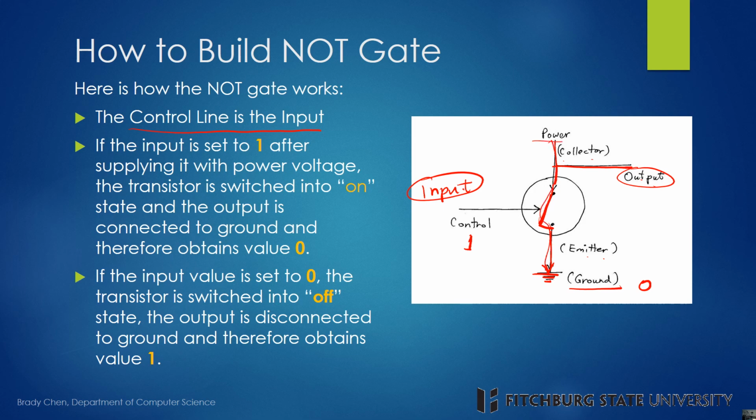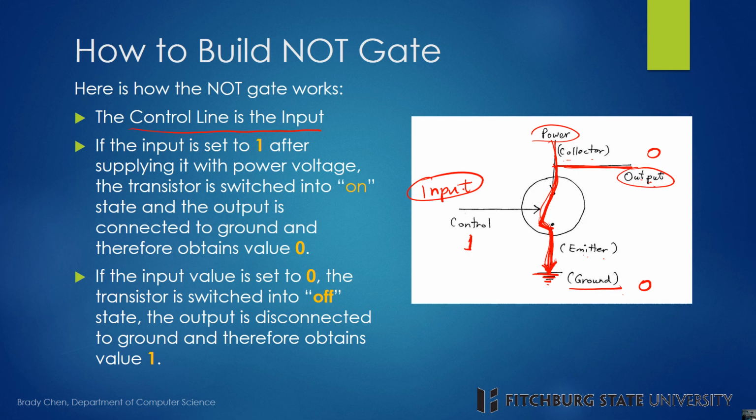Normally the power source is going to be the value 1, but because we apply the 1 in the control line, the collector and the emitter are connected. So this directly connects the power line to the ground, which sets the output line to 0 because the output line is now grounded. So it's pretty simple.